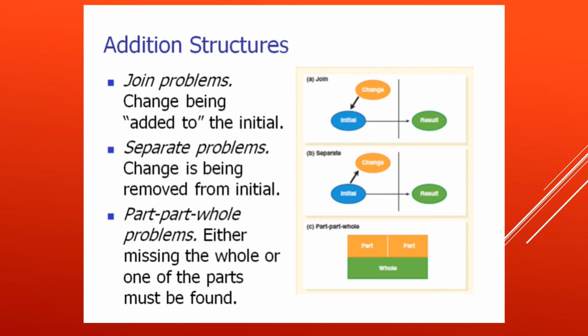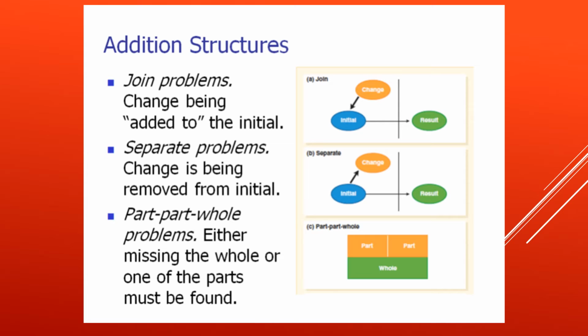And then there's the part-part-whole. In the part-part-whole, we know that there are 2 separate parts, equal or not, and either the whole is missing or one of the parts is missing. So for this one, for example, the whole is unknown. George has 4 pennies and 8 nickels. How many coins does he have? So we would put the part of 4 and the part of 8 together to get the whole.